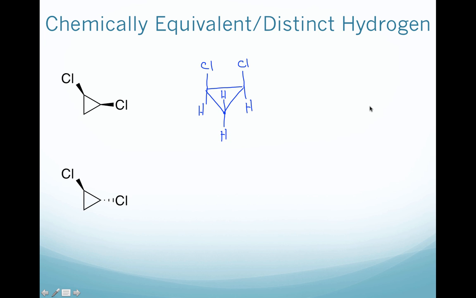Now by looking at this, you can see that there is a plane of symmetry that runs through this compound. So that means whatever is on the left is projected on the right. So these two protons on the carbon bearing the chlorine on the left and right, they're equivalent.